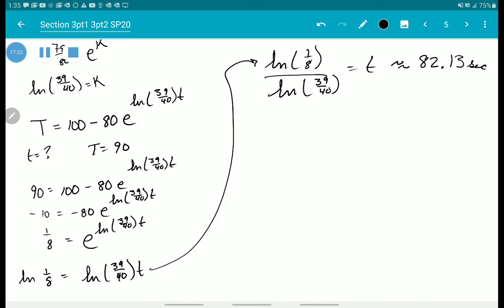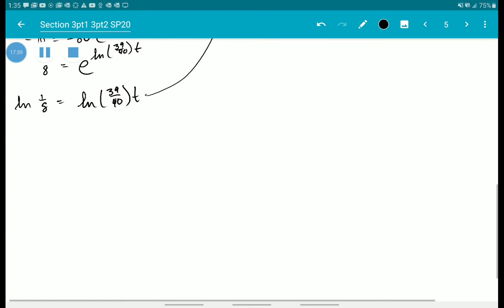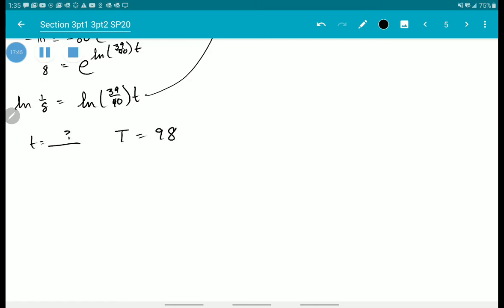And we could do something similar. They asked us to find how long is it going to take to reach 98 degrees. So what's the time to reach 98? So we're going to have 98 here equals 100 minus 80 e to the ln of 39 over 40 times t.